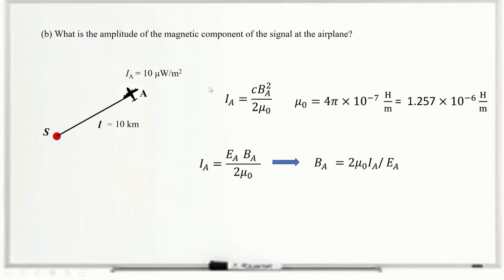So everything here is given, and we can calculate B immediately, and B_A is equal 0.29 nanotesla. This part of problem is solved.